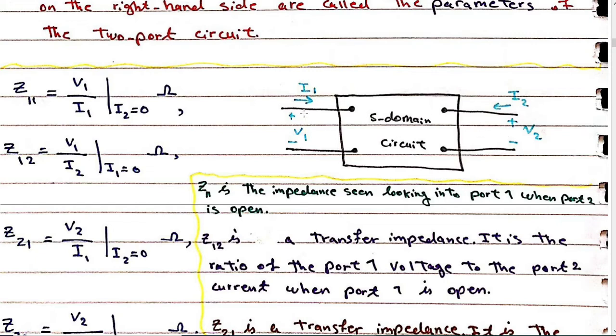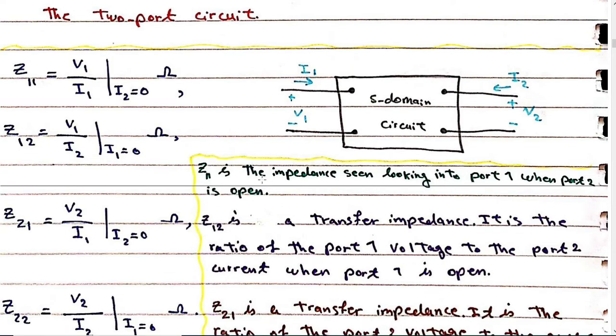From there, we can calculate Z11 because Z11 is voltage divided by current. That's why the unit we use is ohms. And what do we call Z11? Z11 is the impedance seen looking into port 1 when port 2 is open. When we say port 2 is open, it means I2 is 0. There is no current entering port number 2.